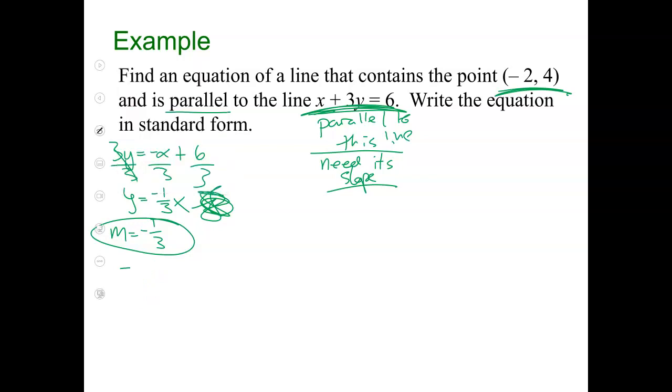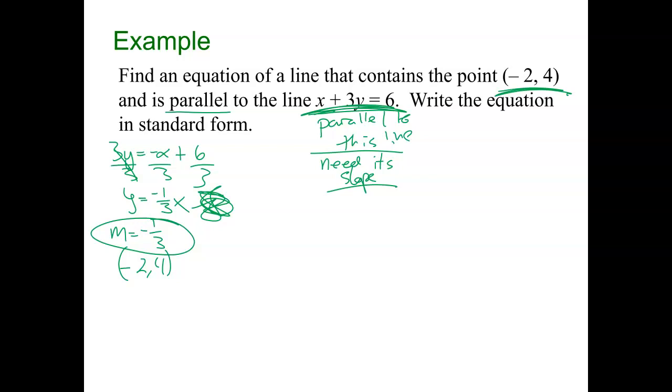It passes through the point (-2, 4). So if I have a slope that's the same, negative 1/3, and it passes through the point (-2, 4), how do I find my equation now? I have a point and a slope. What do I use?